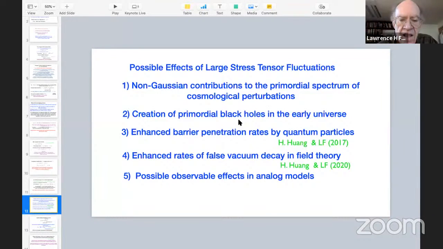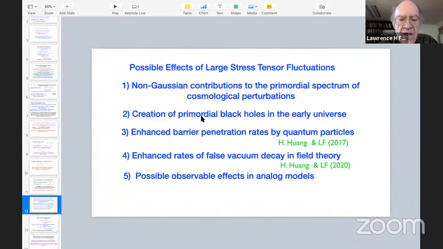And of course, there's been quite a bit of interest in primordial black holes, which could come from many different sources. But anytime you have a non-Gaussian component, and especially a large non-Gaussian component, it has the potential to create primordial black holes. So this is also an area of interest, which is being researched.